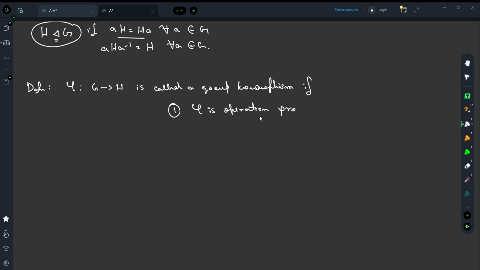Why I am writing this, you'll get to know. The condition is phi of g1 g2 is phi of g1 times phi of g2 for all g1, g2 in G.